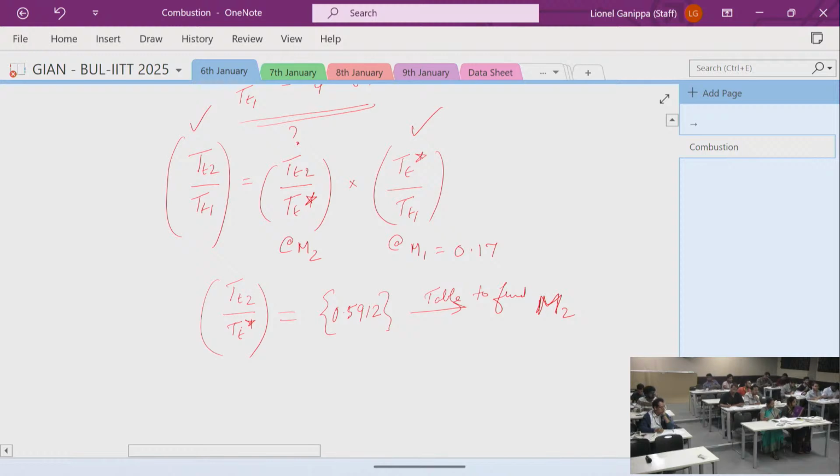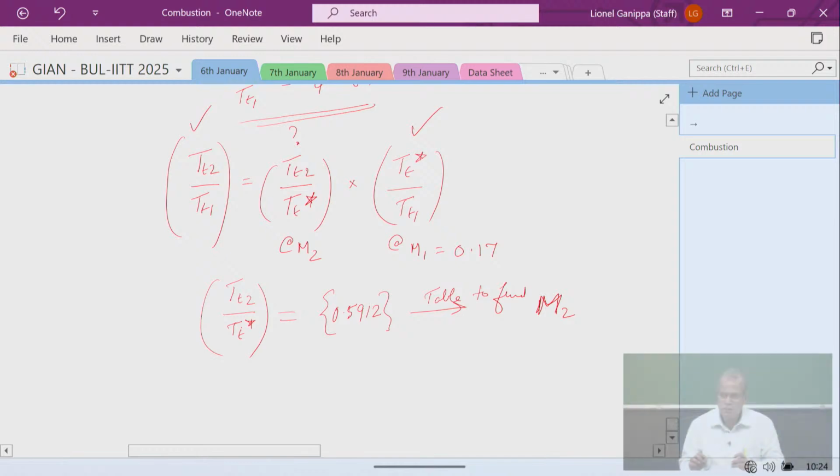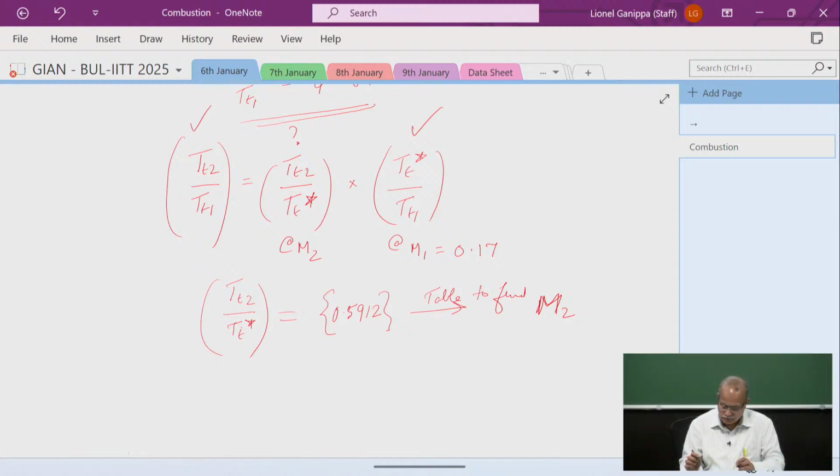So you invert it and find this value TT2 by TT star. So take this value 0.5912 and find the value for M2. So the value for M2 is? Yeah, so let's say 0.44.